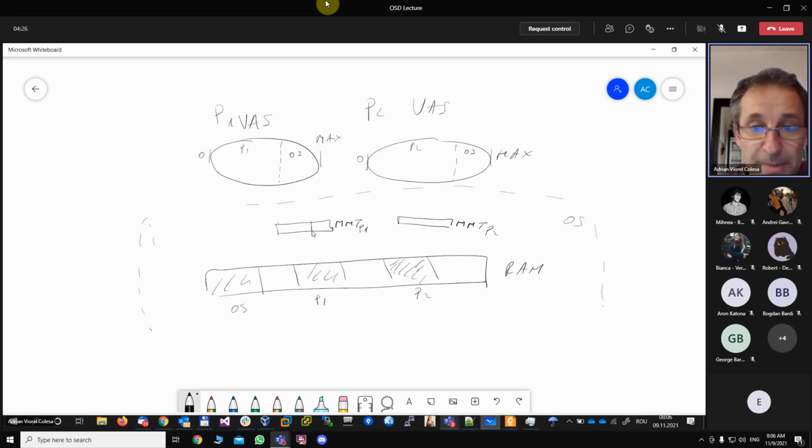And the memory mapping tables are also divided in two parts. The first part maps the process's own memory, like that. And the other part maps the operating system inside that process's virtual address space. And that's similar for the second process, like that.